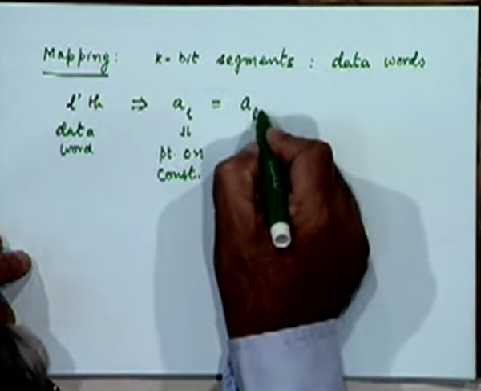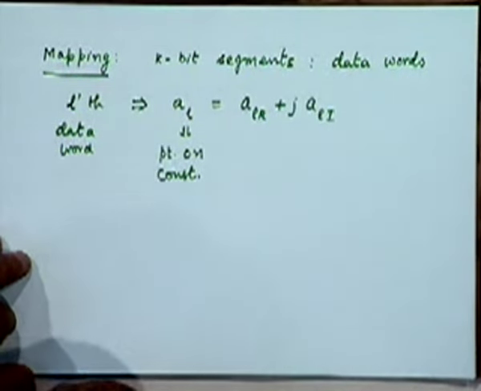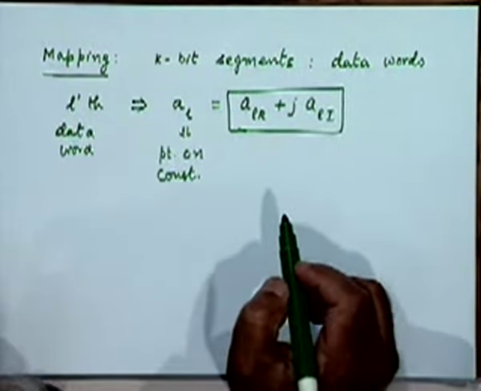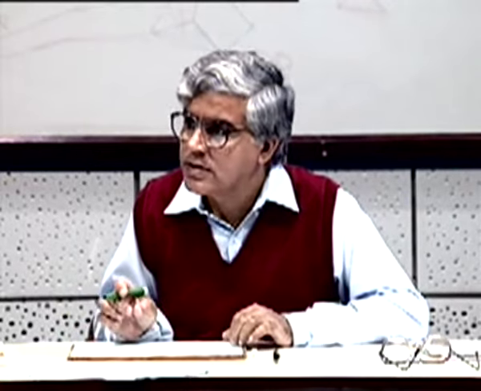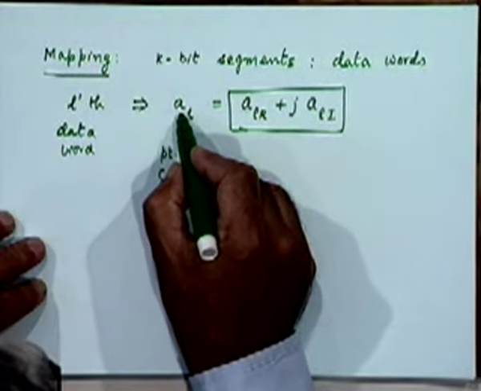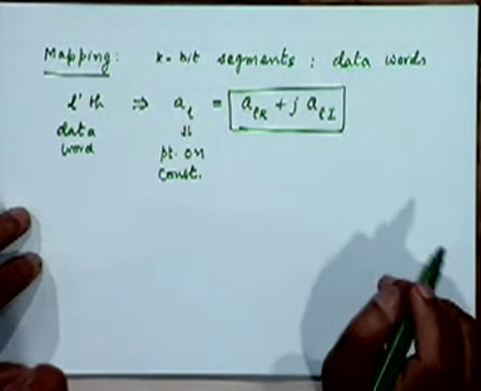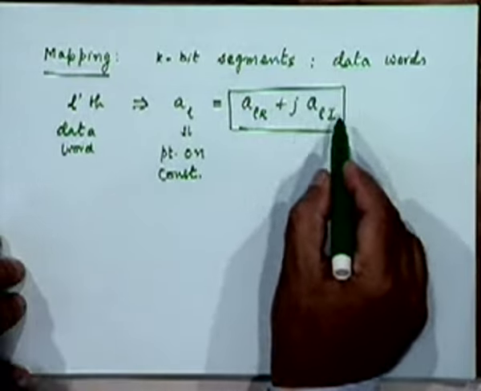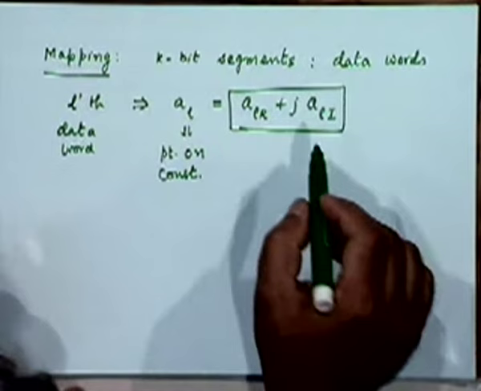Which will have a real component plus an imaginary component, right? So basically this represents what? A complex amplitude of the pulse that you are going to transmit, right? This lth point, or a sub l value, represents a complex amplitude of the pulse that you are finally going to transmit, of course with a carrier. So in fact this represents the amplitude and phase. Complex amplitude means it represents the amplitude of the carrier and the phase of the carrier.